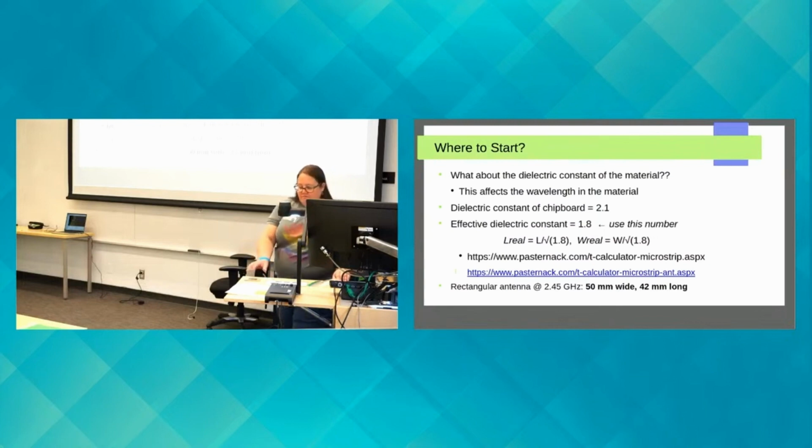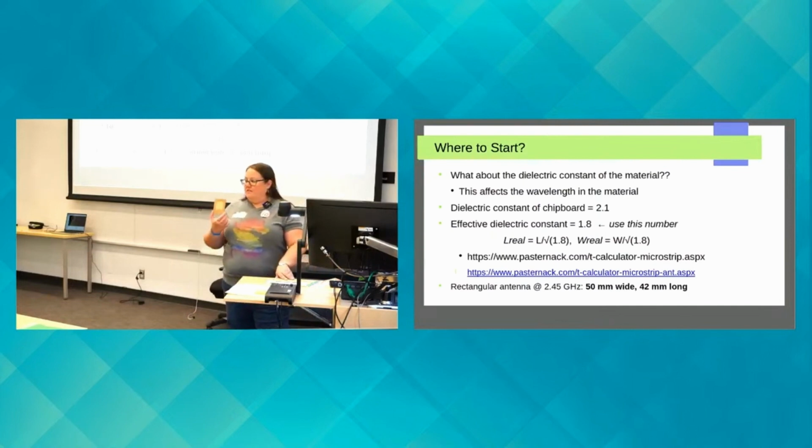Okay, so for 2.45 gigahertz, you want a square that's about 50 millimeters wide and 42 millimeters tall or long. And you can have a little microstrip feed on here if you like, or you can just put the square right down at the bottom where we're going to put the connector.